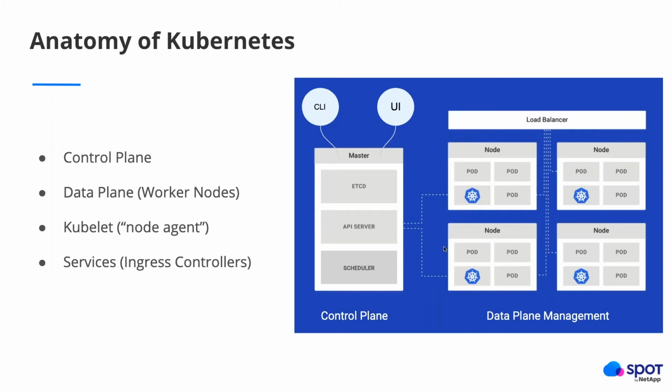Each one of the nodes of the data plane will have a service that is called kubelet, or in other words, the node agent that will be the way for the control plane to communicate with the nodes themselves. In addition to that, we have a utility that is called services, which is meant to allow us to expose our containers, our services that we're running, to the outside world and of course inside the cluster itself.